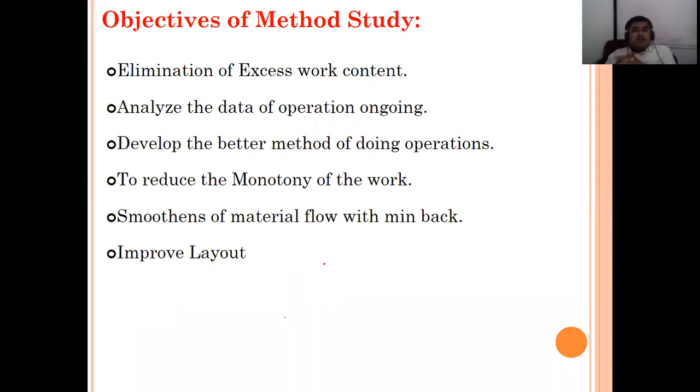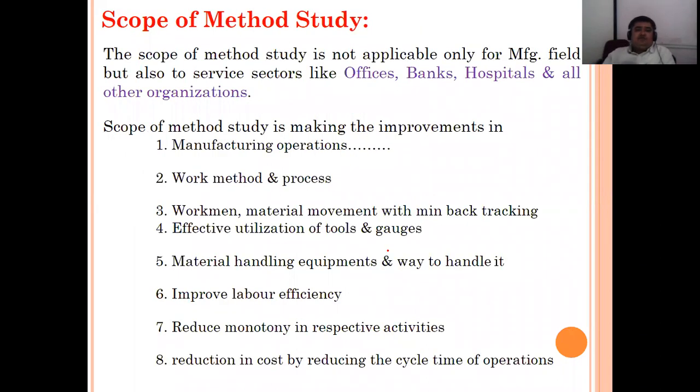When these things are known, then we can go for improvement in layout or smoothness of material flow, etc. Any doubt in this? Any doubt in this part, Rishikesh? No, sir. Okay. So this is called the objectives of the method study.